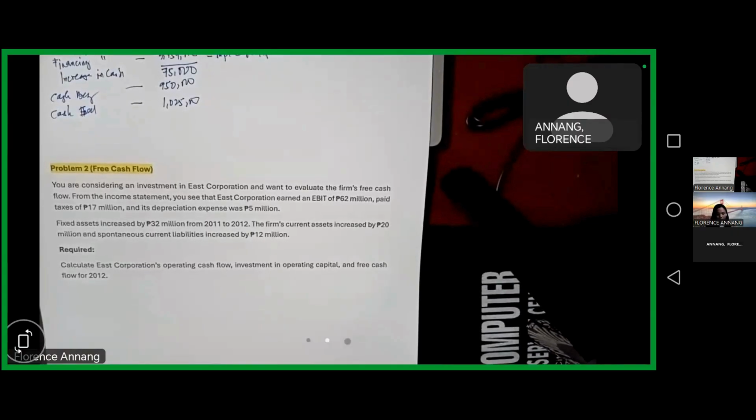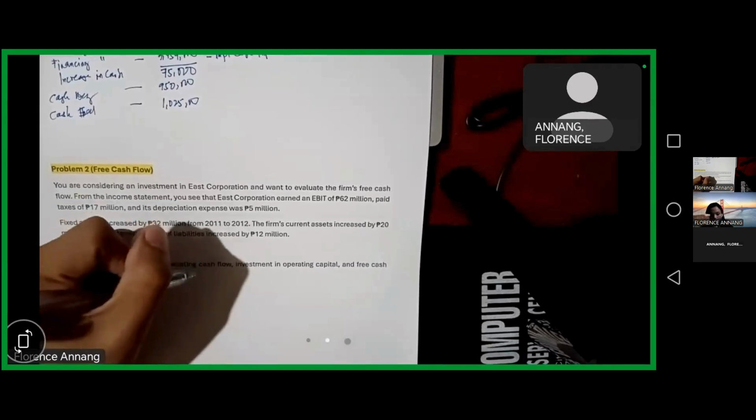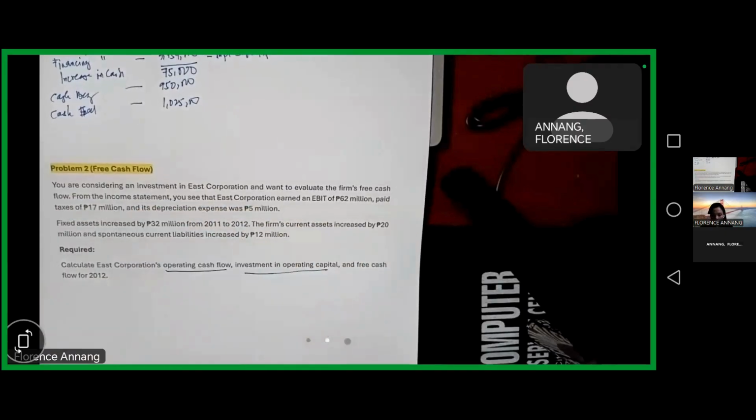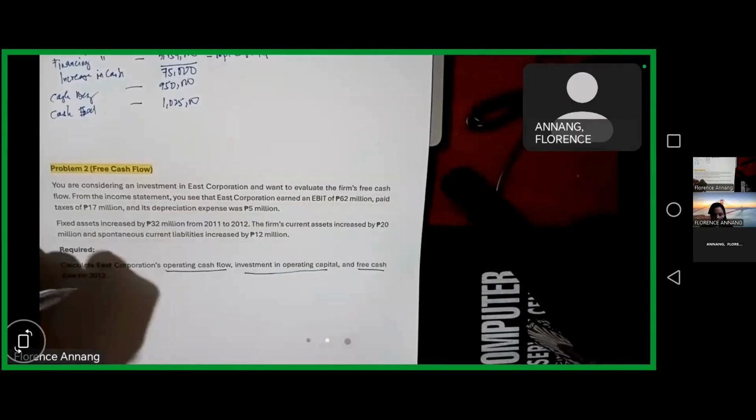Fixed asset increased by 32 million from 2011 to 2012, and the firm's current asset increased by 20 million and spontaneous current liabilities increased by 12 million. Calculate East Corporation's operating cash flow, investment in operating capital, and free cash flow.